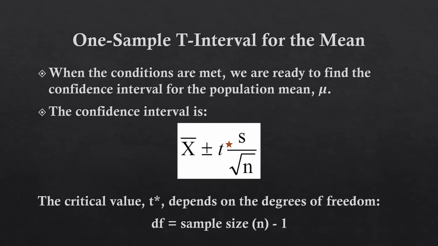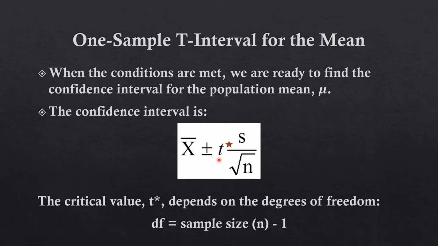So just like last unit when we talked about one proportion z intervals, we now have a one sample t interval for a population mean, where we're trying to just estimate the value of one single population mean. So when the conditions are met, we are ready to find that confidence interval, and here is our formula. We are going to take the sample mean x bar plus or minus our new critical value.